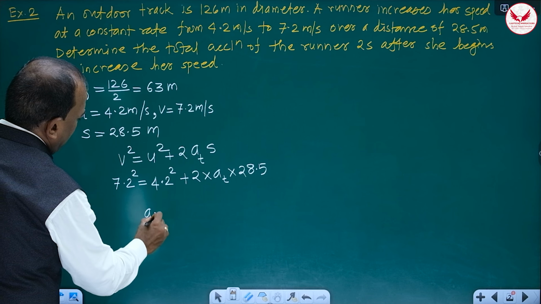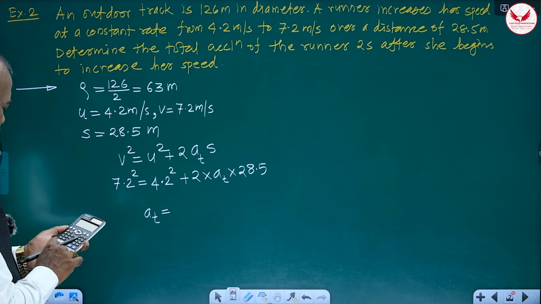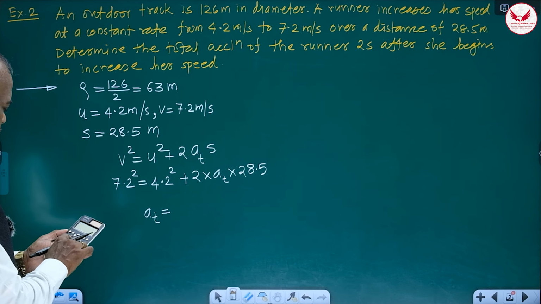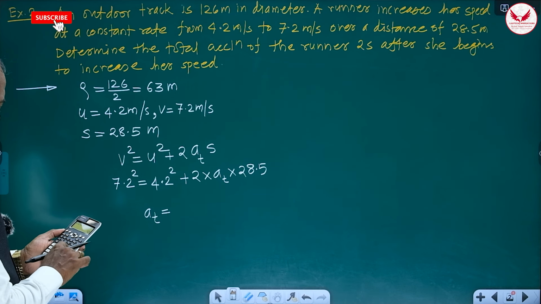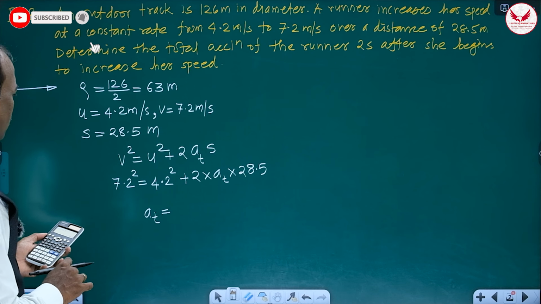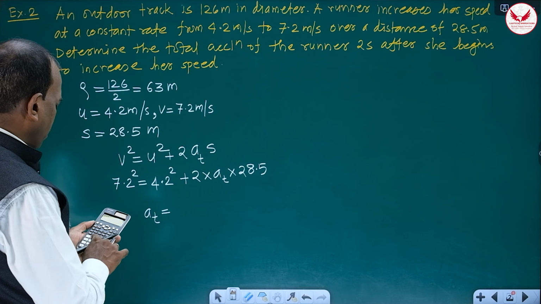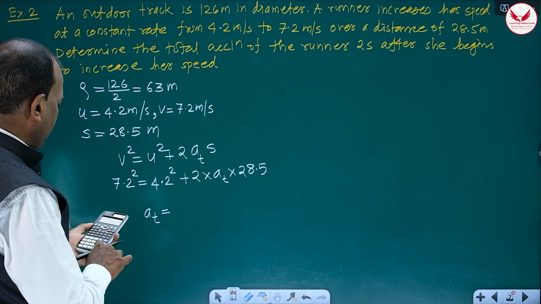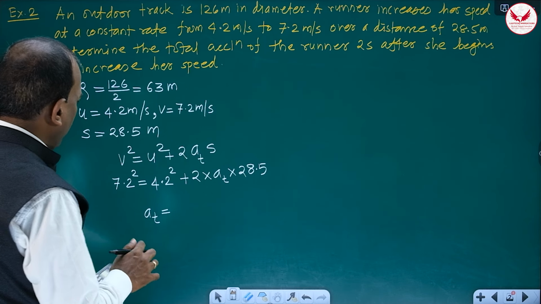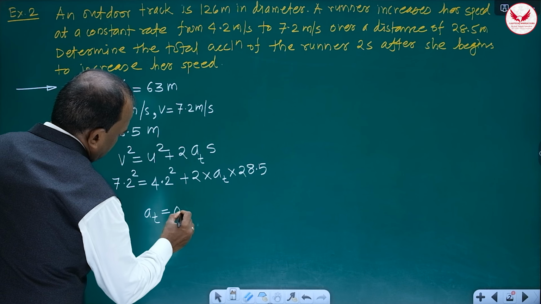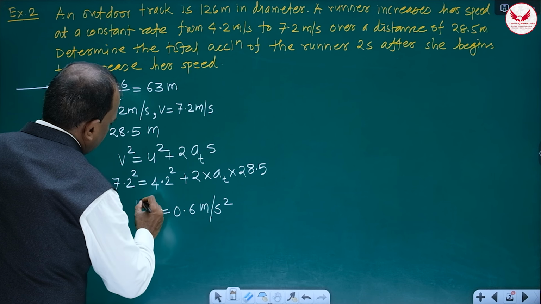And from this directly I'll get tangential acceleration, and that is how I can get 7.2 square minus 4.2 square, whatever that answer is, divided by 57, 2 into 28.5. So it is 0.6. 0.6 meters per second square. It's very simple.